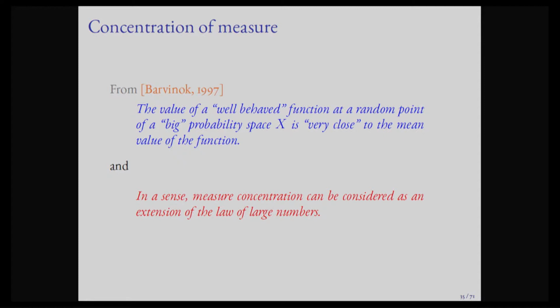It's based on the concentration of measure, which we also heard before. Concentration of measure is basically a phenomenon that relates to the law of large numbers, if you will. When the discrepancy from the average of a quantity decreases with size in a certain way, then we can say that there is concentration of measure.